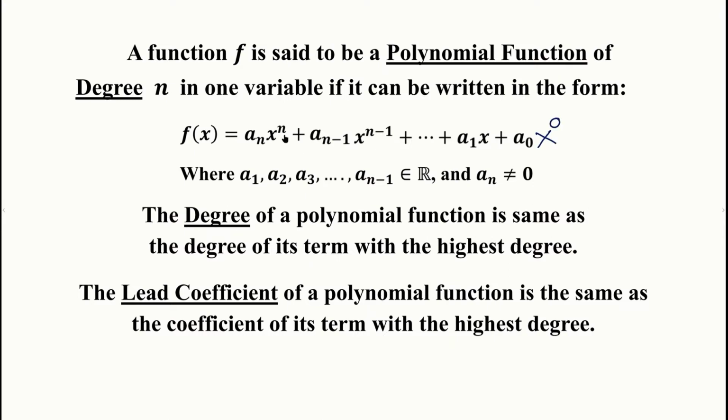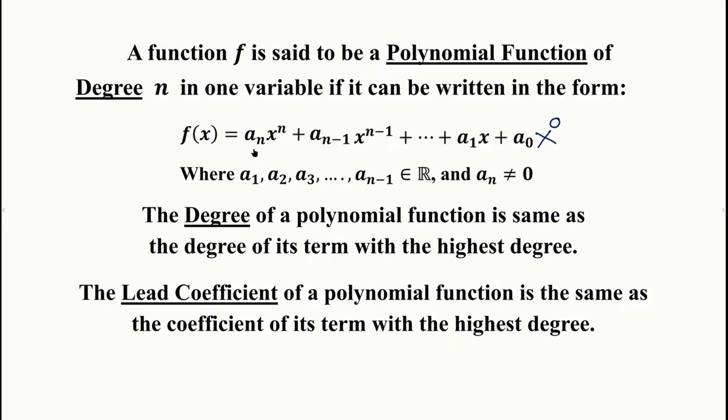So notice how this is written in descending order of powers from n all the way to 0, and the degree of the polynomial itself is the same as the degree of the highest degree term in it, okay?